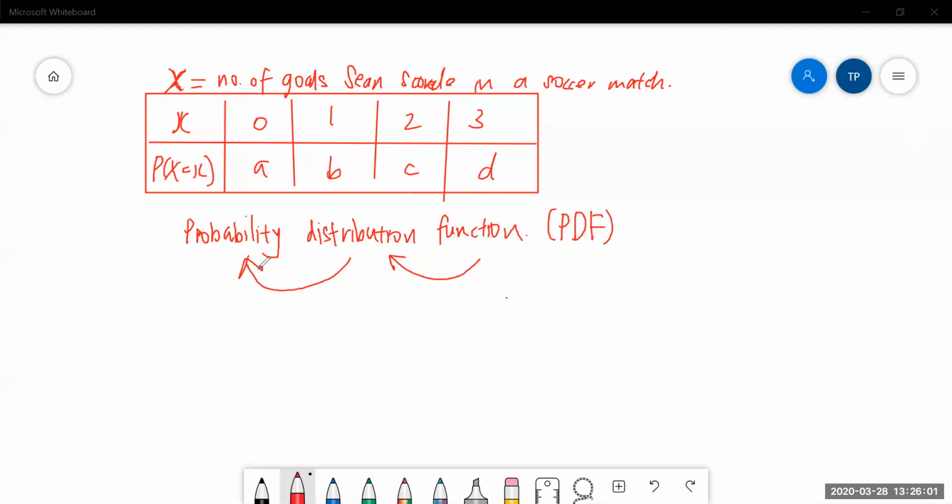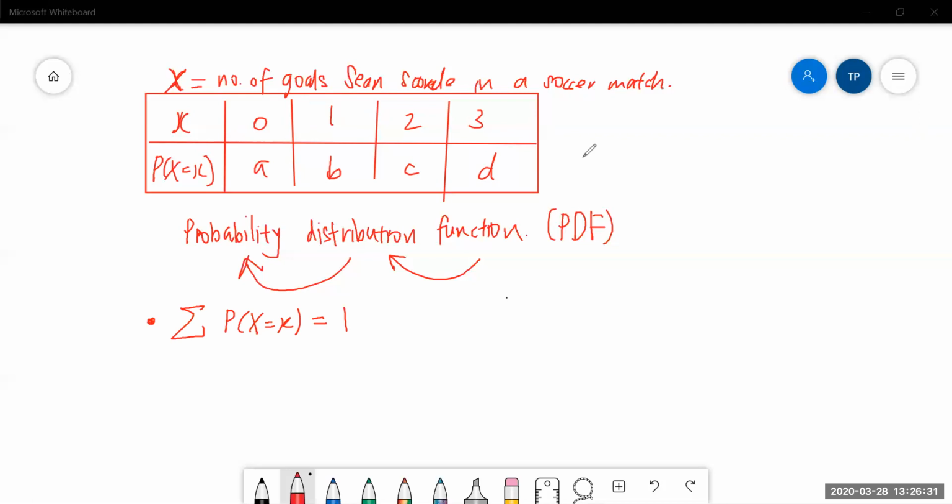Okay. The next important thing to know is that the summation of all the probabilities is always equal to what? 1. Very good. Which means x equals 0, 1, 2, and 3 are exhaustive of all the possible number of goals that Sean can score.